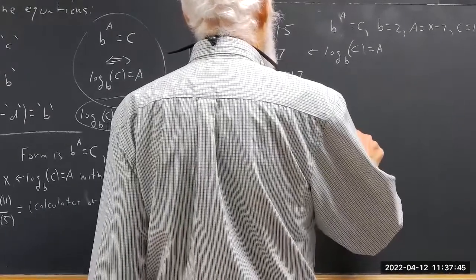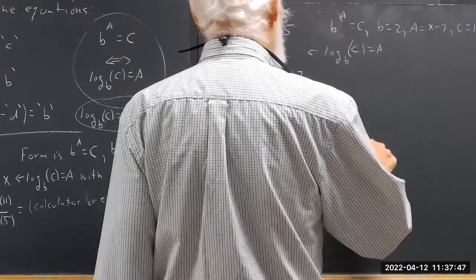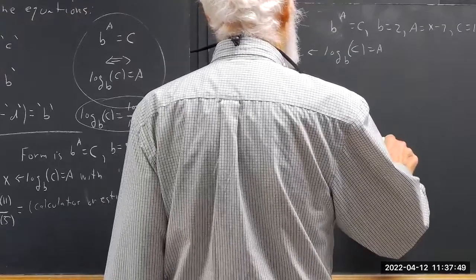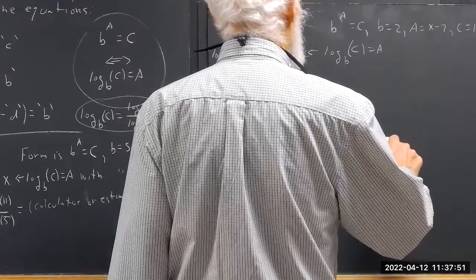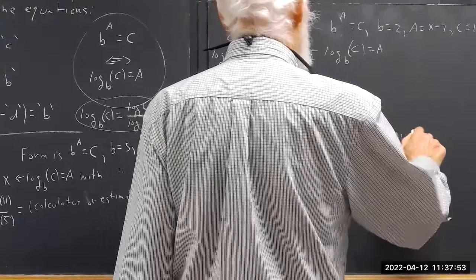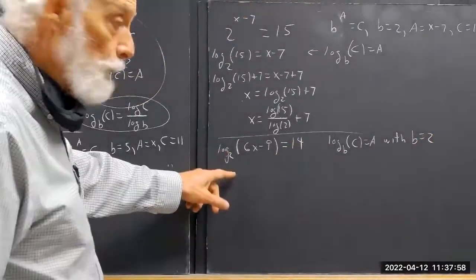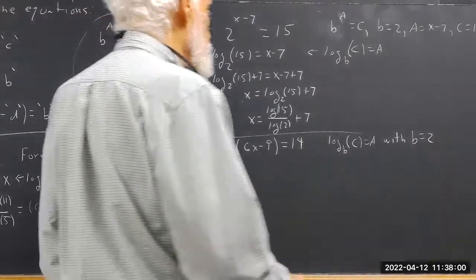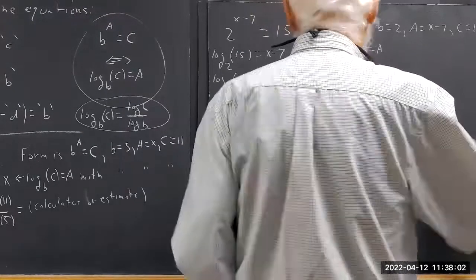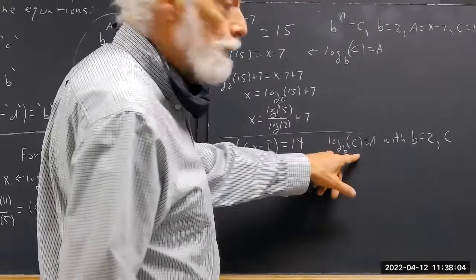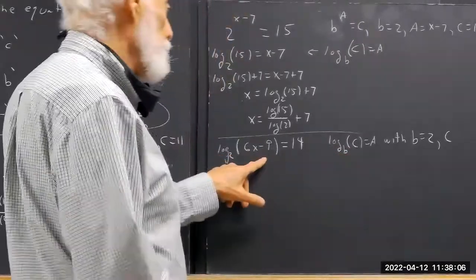This is a log base B of C equals A form, with B equals 2, because it's log base 2. Just going in order, C, the thing you're taking the log of, is your 6x minus 9.